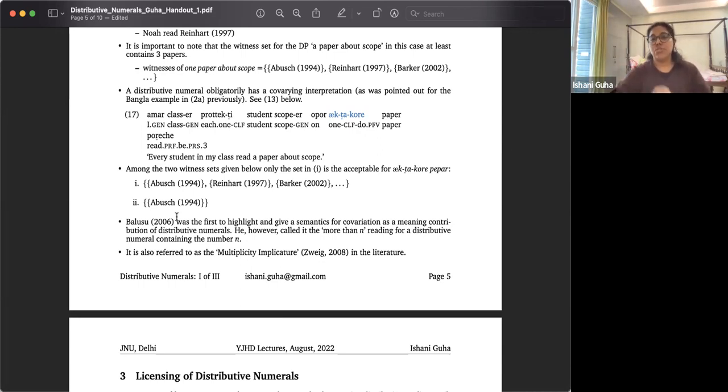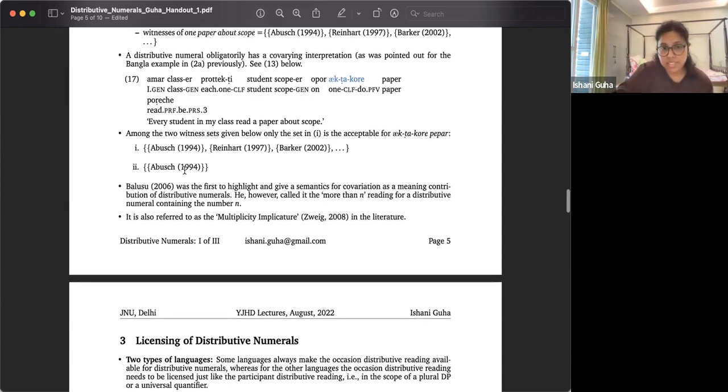So that is what is known as covariation, this very specific requirement that the witness set of the indefinite is not a singleton set, or the cardinality of this set is greater than one, right?